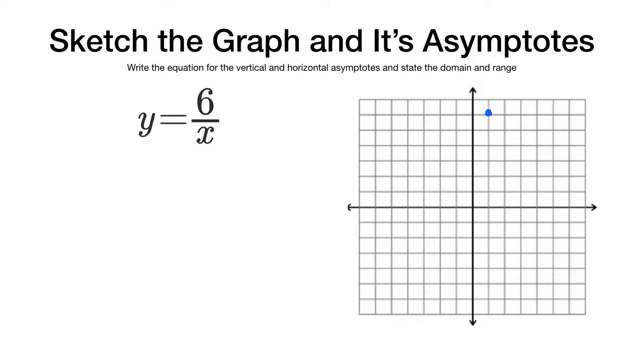At 2, it's now going to be 3. At 3, it's 2. And at 6, it's 1. Now these points will be the same on the negatives, just negative versions.